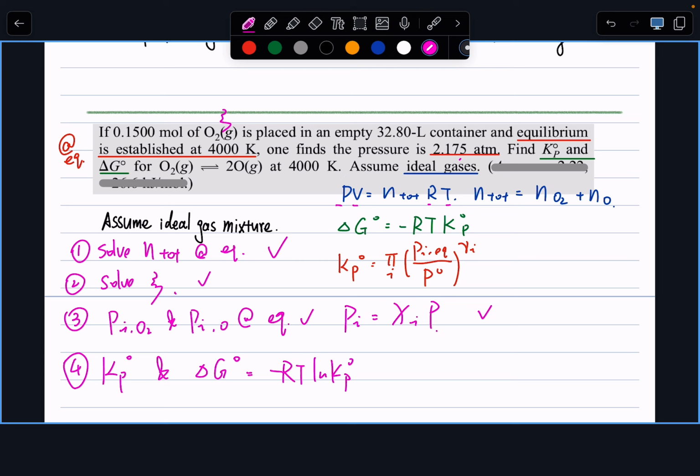Right. And these are just numbers we already solved. So my Kp naught, I'll give you the number, but you can do it later on, equals 2.214. So note that my equilibrium constant does not have any unit, right? All my units will cancel out.